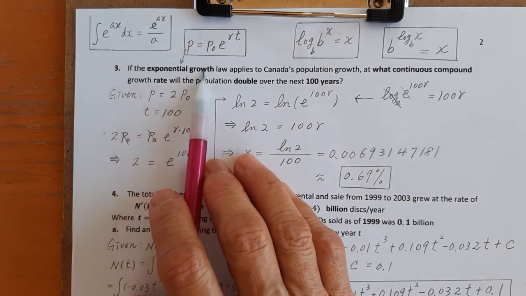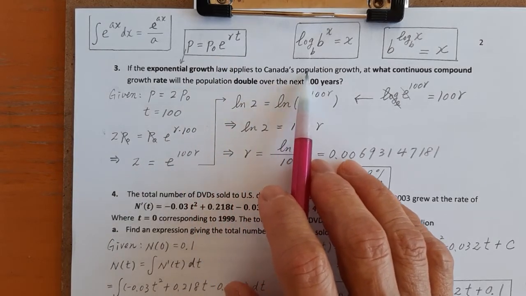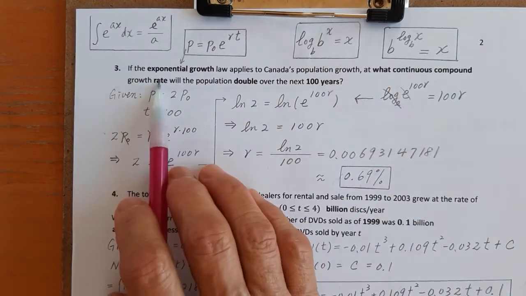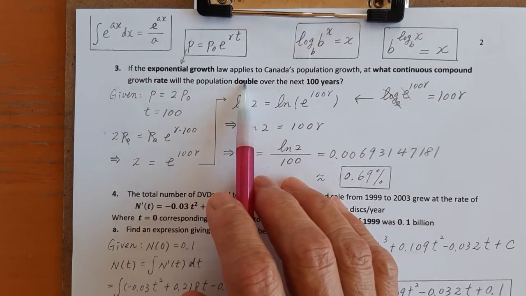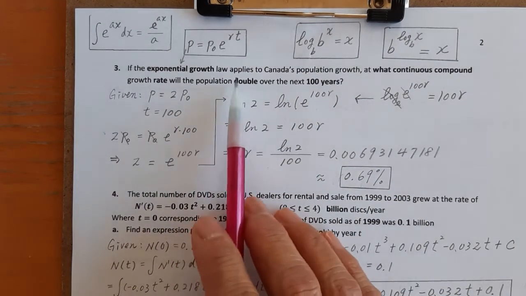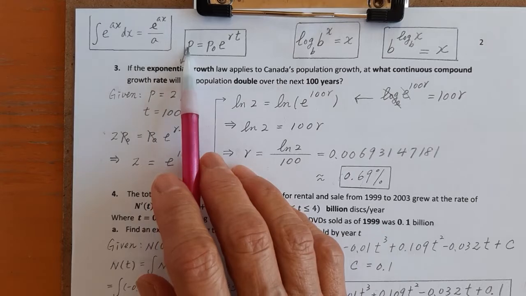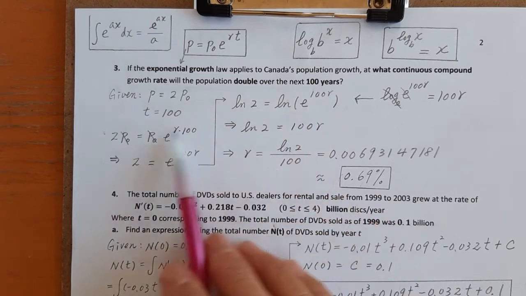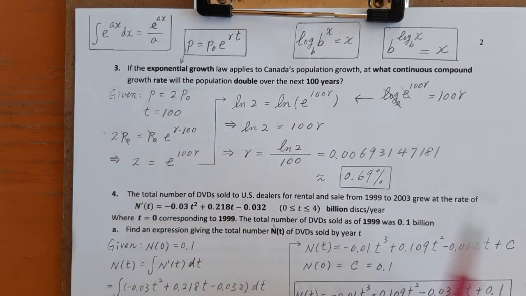If the exponential growth law applies to Canada's population growth, at what continuous compound growth rate, so looking for R, will the population double over the next 100 years? This question didn't give you a P0, so we just assume P0. We want to double, so after T years, T is given as 100 years, the population becomes double P0.